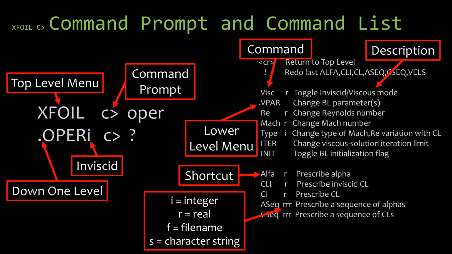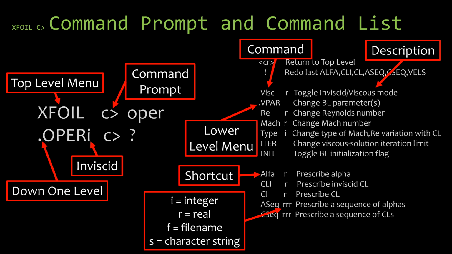So basically the way the shortcut works is that if the entire word is in caps, like ITER in that list, I would have to type in the entire command. However, if there are lowercase letters like VISC, meaning short for viscous, then if I just typed in V and hit enter, it would be the same thing as if I typed in VISC.